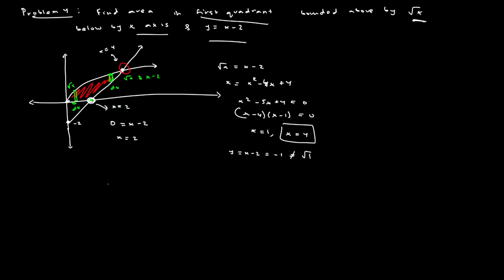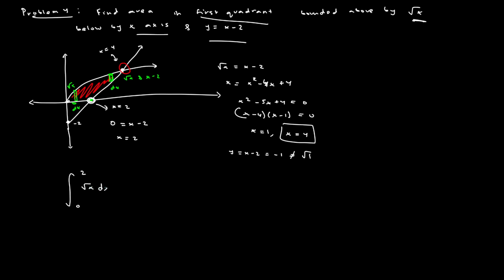So we found out the two key points that we need, and now we set up our integrals to find the area. So the first integral is from 0 to 2, and like we said, the height that we're forming is between the x-axis and the square root of x function. So square root of x minus 0, since x-axis is just y equals 0, dx.